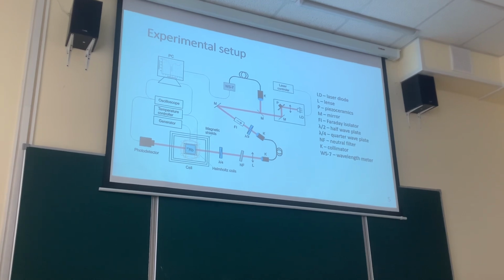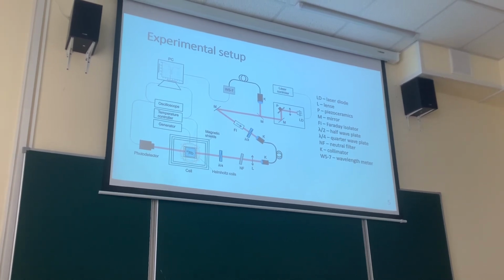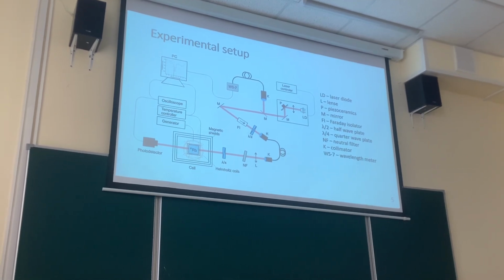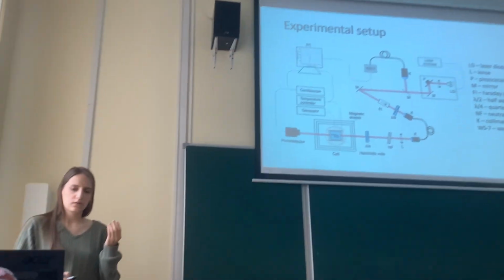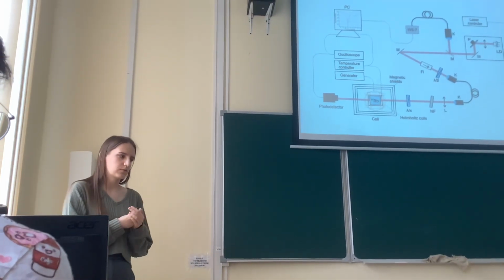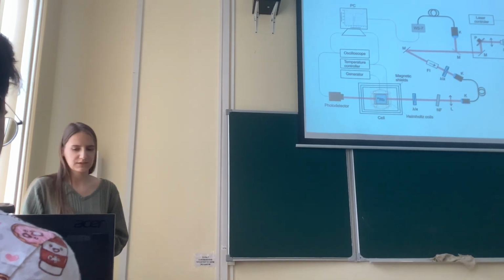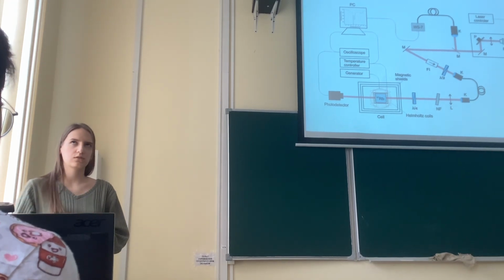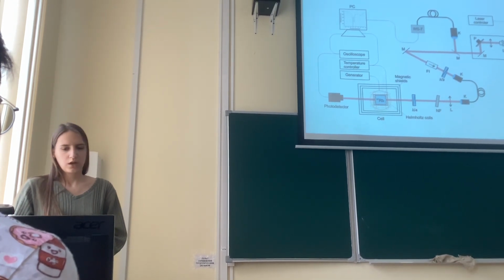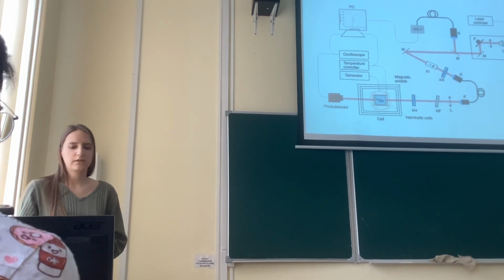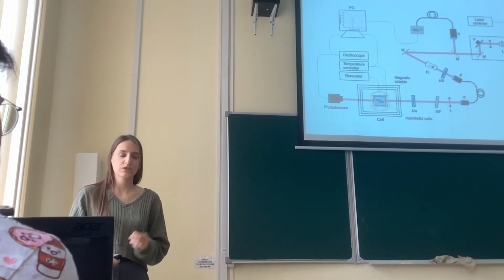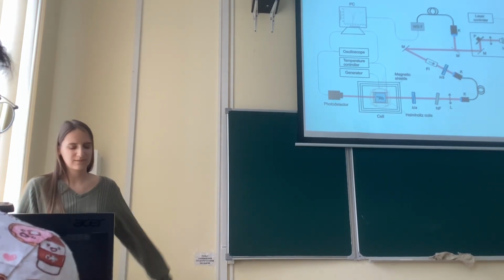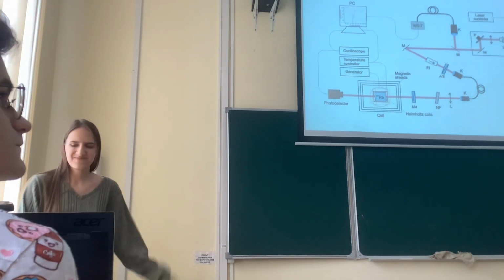We use a laser with wavelength 795 nanometers, a cell with rubidium-87 and nitrogen with pressure of 300 torr, and we modulate the transverse magnetic field around the cell by Helmholtz coils.